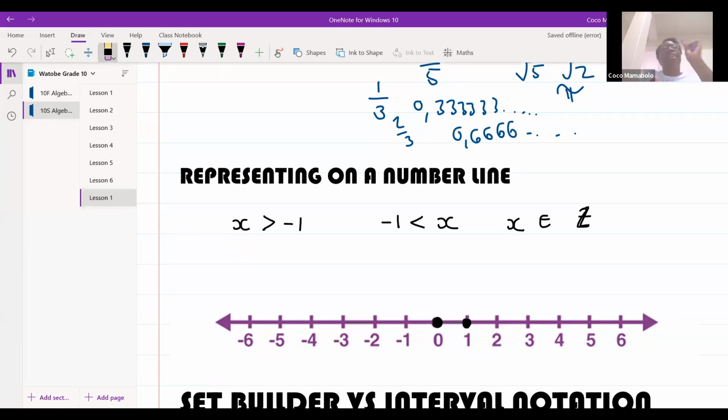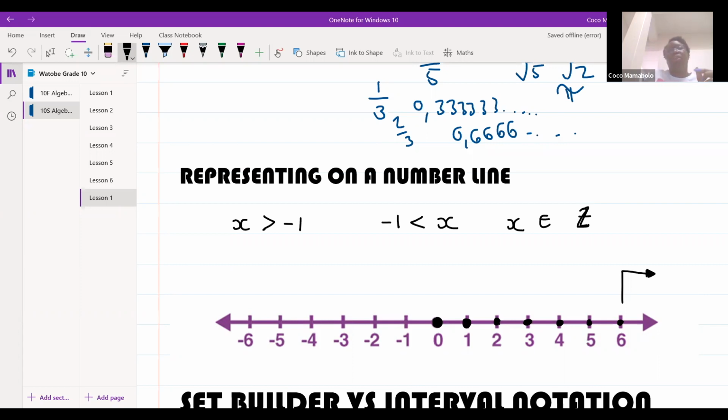What I need to do is draw dot for dot for dot for dot, and keep going to show that I'm only including 0 and 1 and 2, 3, 4, 5, 6, but my numbers don't stop at 6. They keep going. So to show that my numbers keep going, I'm going to draw an arrow, and that shows that I'm going to keep going in that direction, but I'm going to keep skipping everything in between each of those whole numbers.